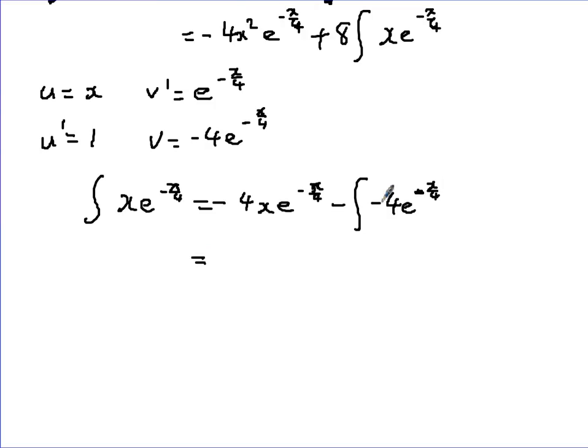Now that can be integrated itself. So that then becomes a plus. Bringing this down makes it a minus again. So we then got minus 16 e to the minus x over 4.